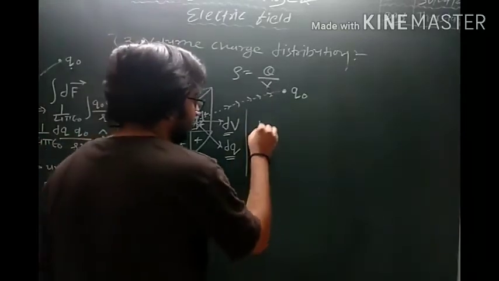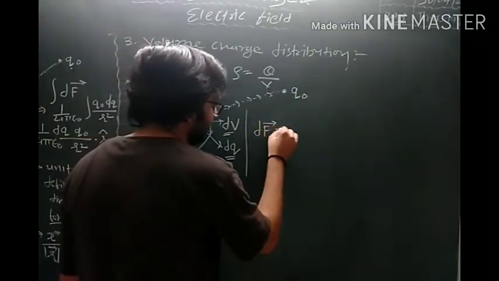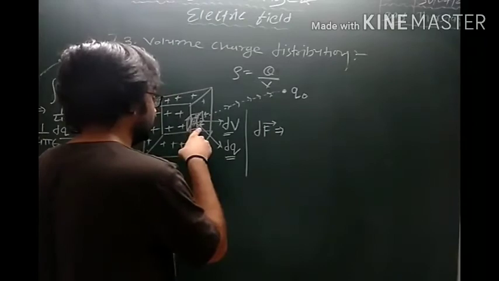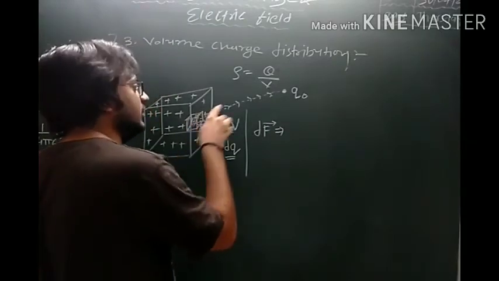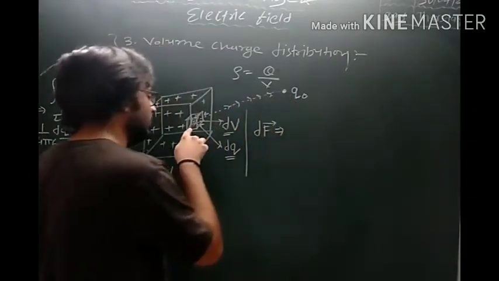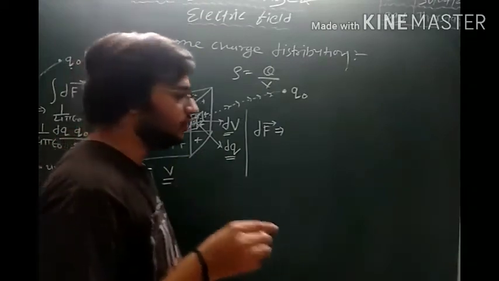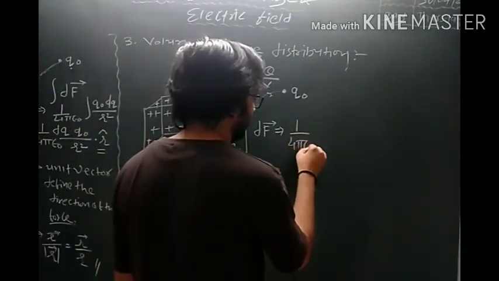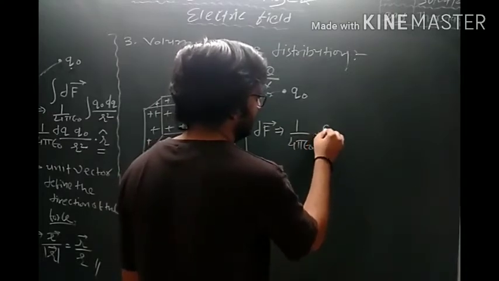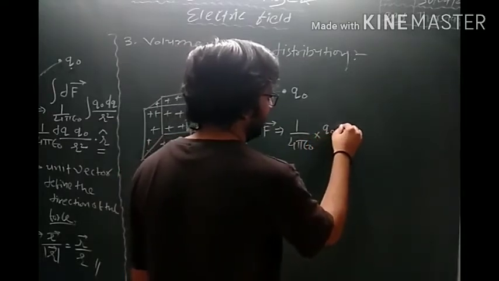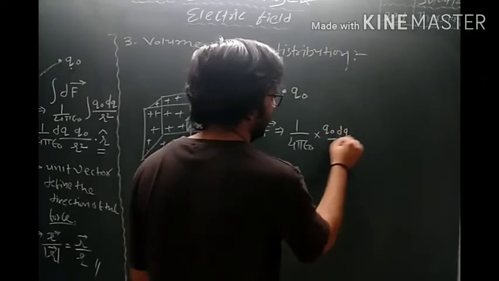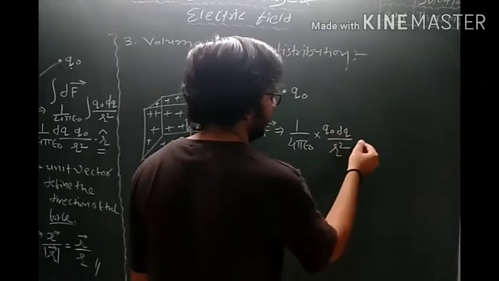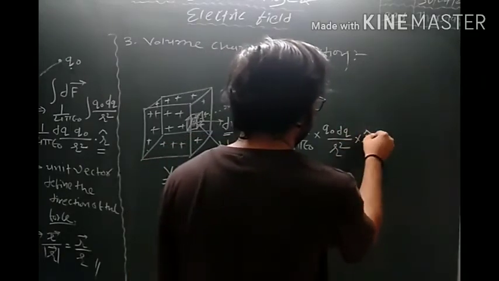Here F is nothing but the electric force or Coulomb force acting on the Q naught charge due to the small charge dq. Okay, so we can write 1 upon 4 pi epsilon naught into Q naught multiplied by dq upon r square into r cap.